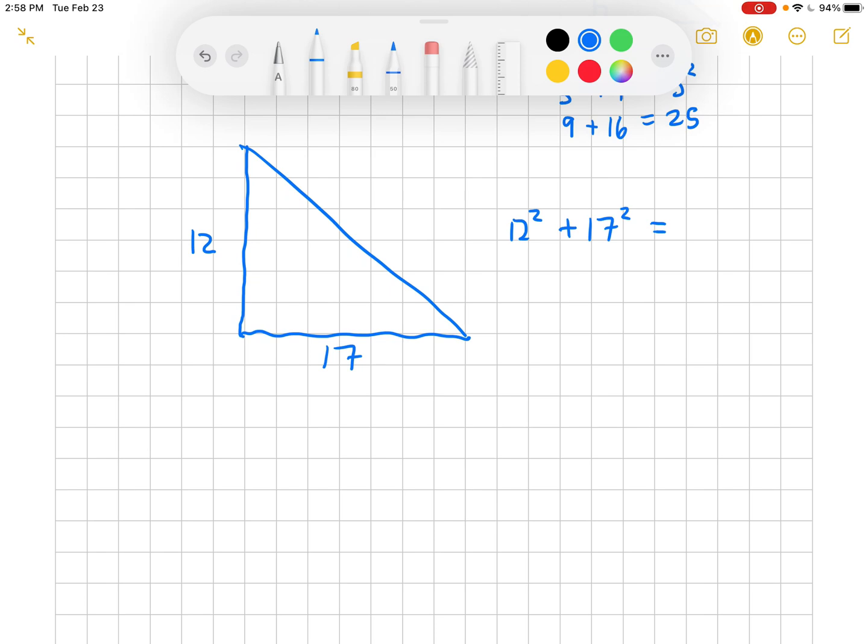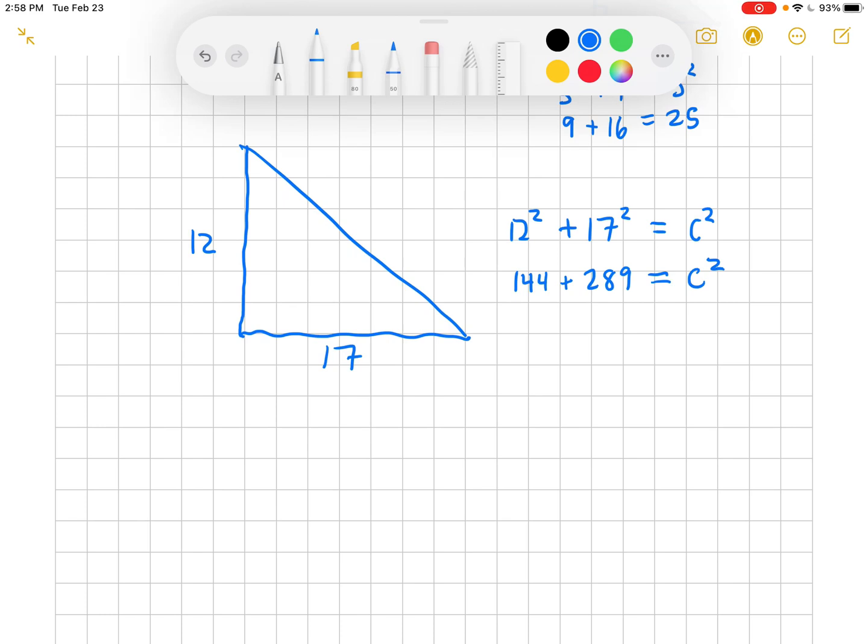In this case, we get 144 plus 289 is equal to C squared.